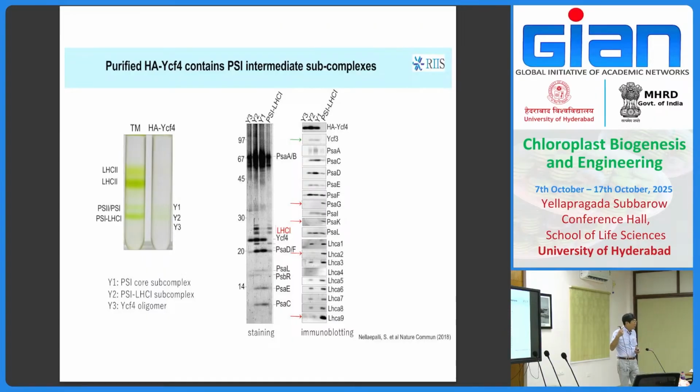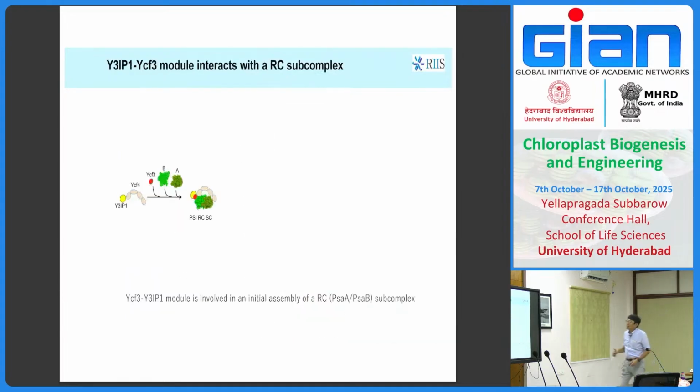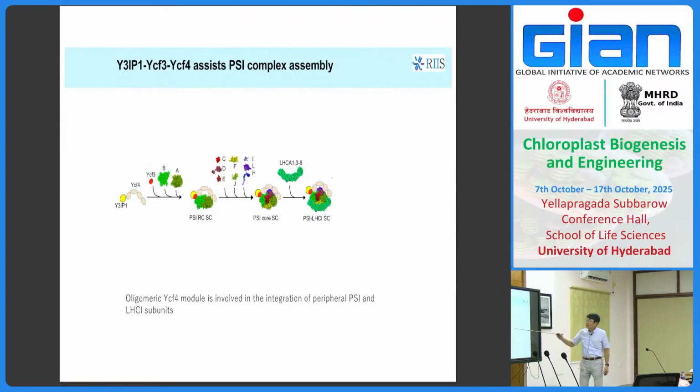Okay, now you understand the difference between the YCF4 and YCF3 preparations. So YCF3 is involved in the initial assembly of PS1, particularly assembly of the reaction center proteins PSA A and B. And then YCF4. YCF4 is required for integrating other peripheral small PS1 subunits to form a PS1 core subcomplex.